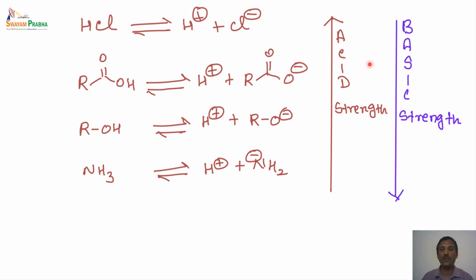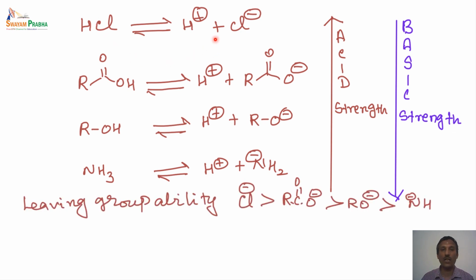And when we look at the basic strength, ammonia is strongly basic compared to HCl. So that way ammonia does not want to give out H plus ion, whereas HCl wants to give out the H plus ions easily. So from that, let us look at the relative reactivity. When we have Cl minus, that is a very good leaving group, and when we have NH2 minus, it is a very poor leaving group.